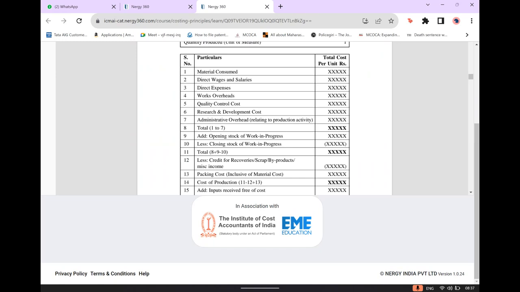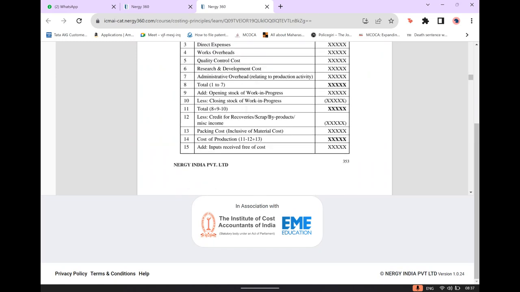Add opening WIP, closing WIP, total cost. Then very important is credit for recoveries or scrap. So they can give you a multiple choice question. The sale of scrap will be adjusted with the factory overheads. So like that questions can come.